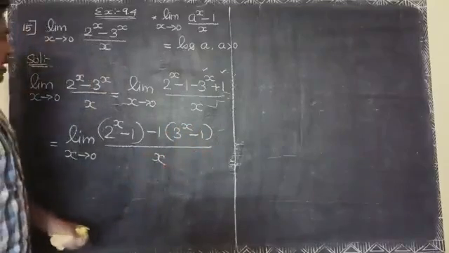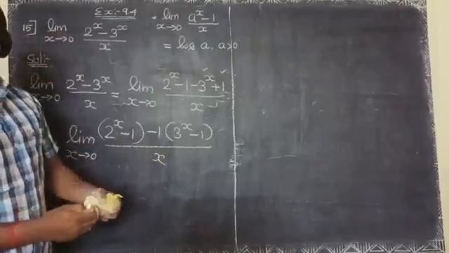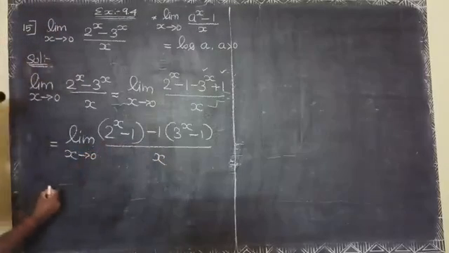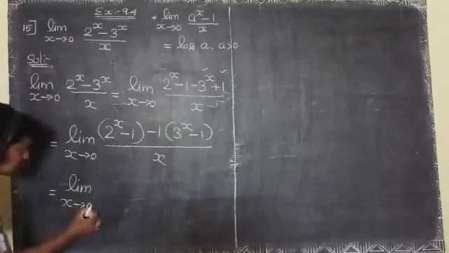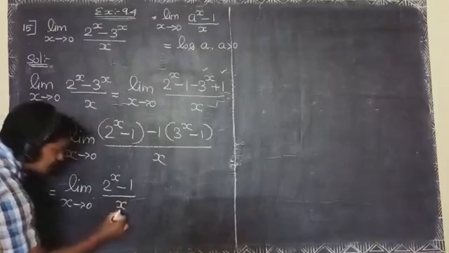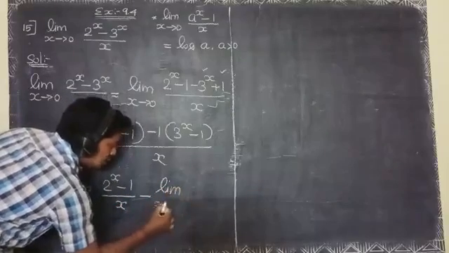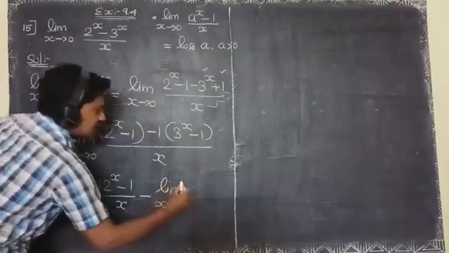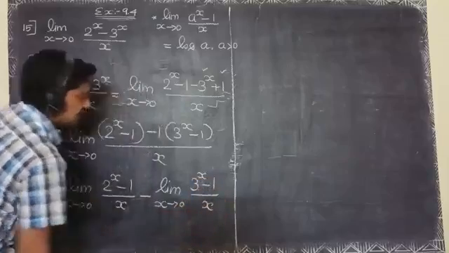Since the function has two terms, split into two terms: limit x approaches 0, 2 power x minus 1 divided by x, minus limit x approaches 0, 3 power x minus 1 divided by x.